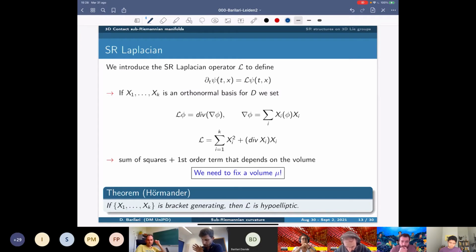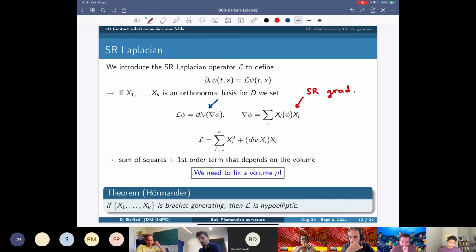So in this slide, just a quick definition of how to define a Laplacian operator in the Sub-Riemannian context. What one can do is just to take the divergence of a gradient, where the gradient is this kind of Sub-Riemannian gradient.